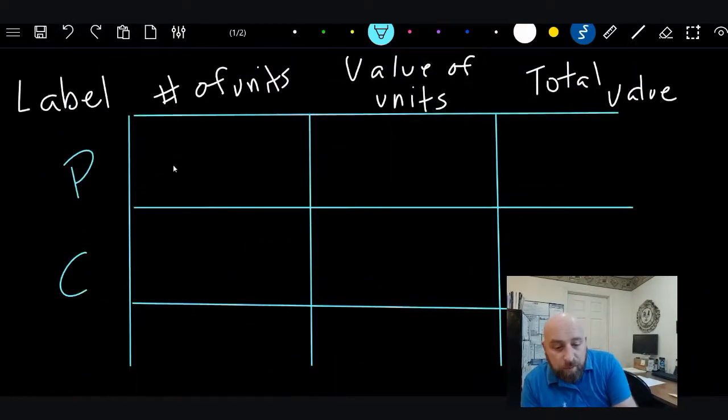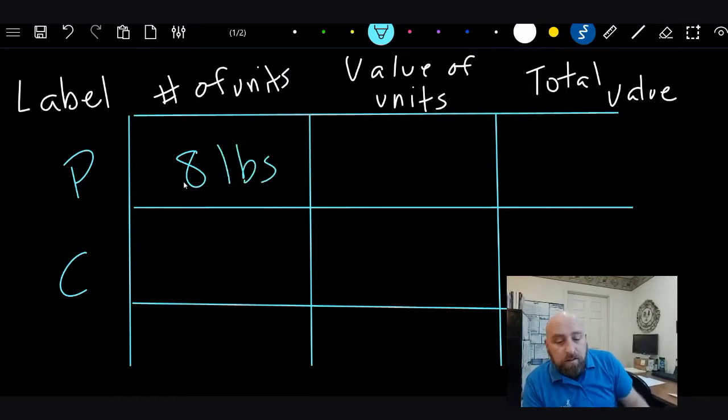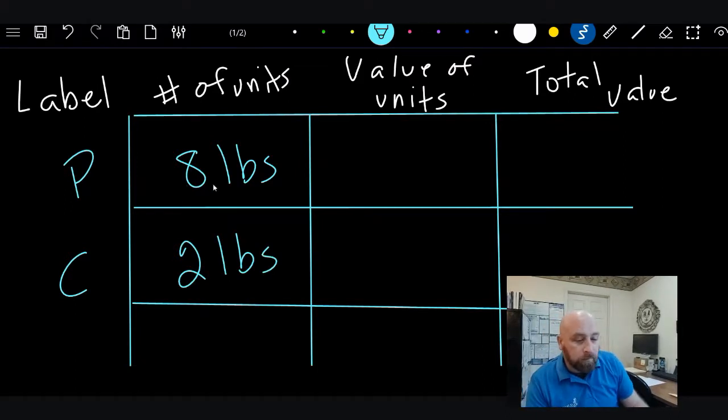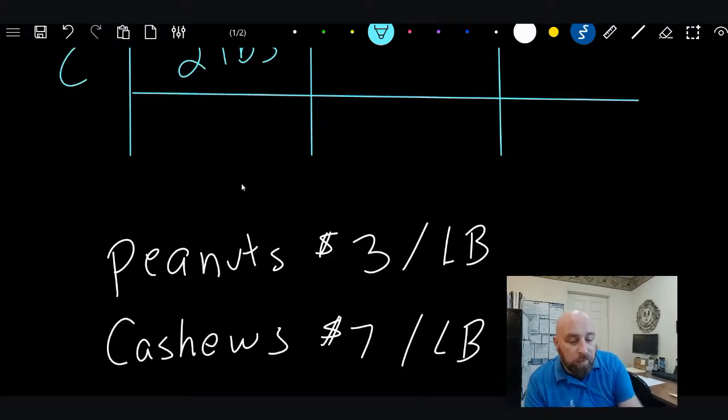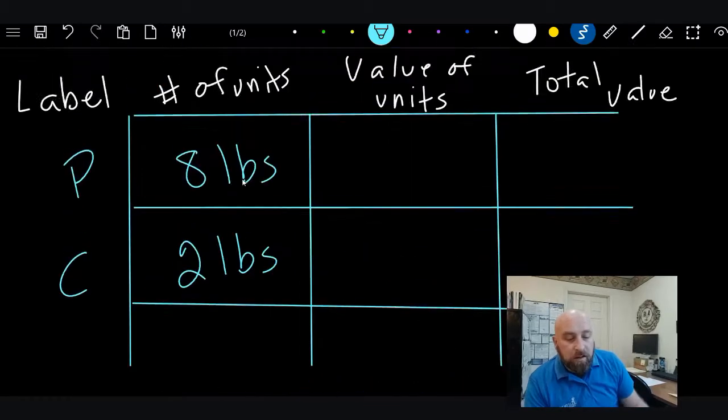So we have 8 pounds of peanuts and 2 pounds of cashews. Well, how much do they cost per pound? Well, that's right here. Peanuts are $3 per pound.